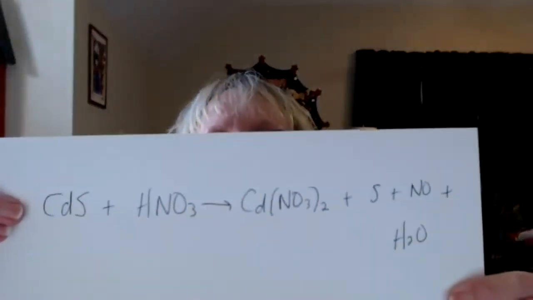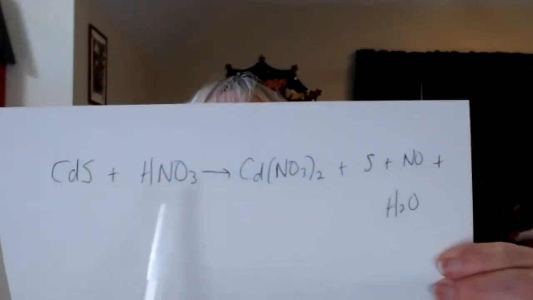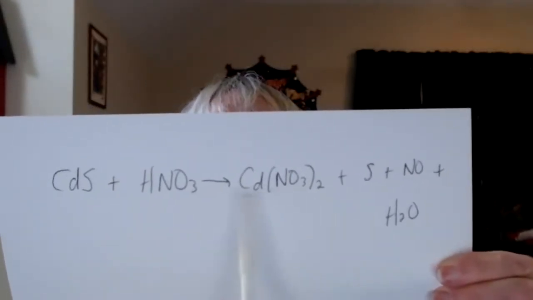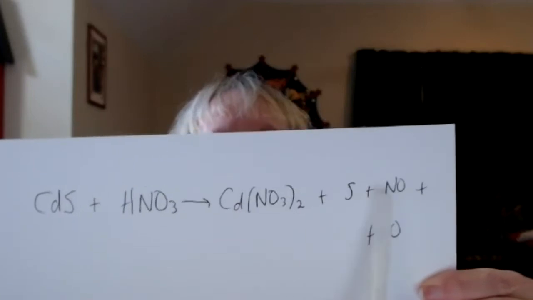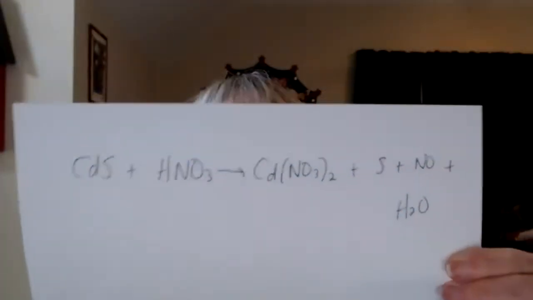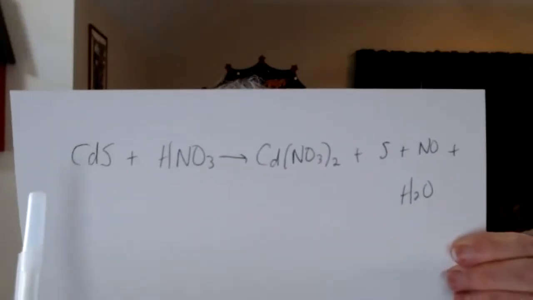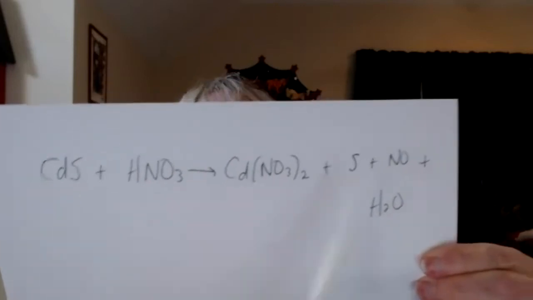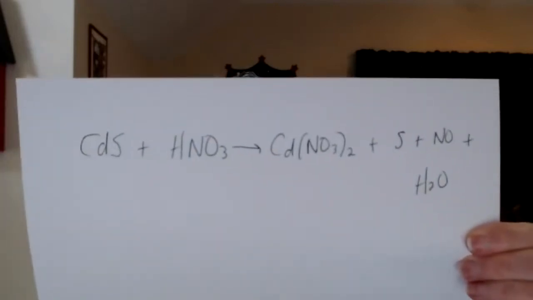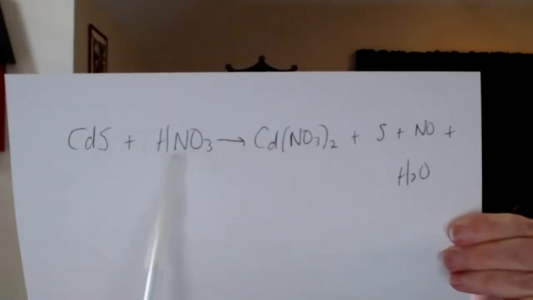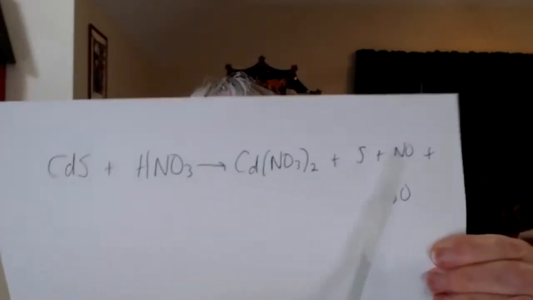This is cadmium sulfide, nitric acid, forms cadmium nitrate, sulfur, nitrogen oxide, and water. Okay, that's not a problem. Sulfur is mentioned here as a -2, and it's an element here, so you know that changed. The problem is nitrogen is mentioned in 2 different spots over here.